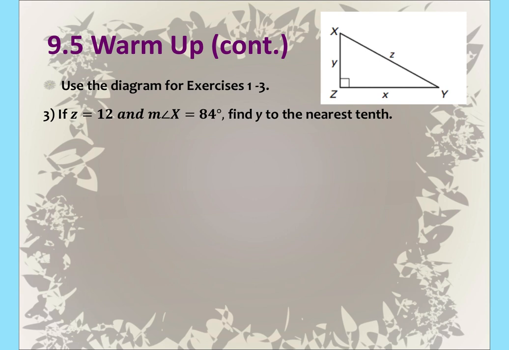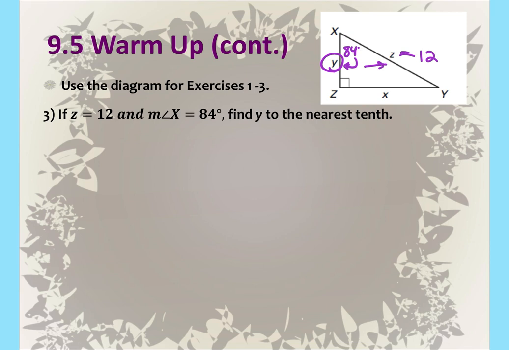All right, number 3, also a nearest tenth, so we know we're using our calculators. It says if z is 12 and the measure of angle x is 84, find y to the nearest tenth. So in respect to 84, y is what, Mars? Adjacent, and the 12 would be?